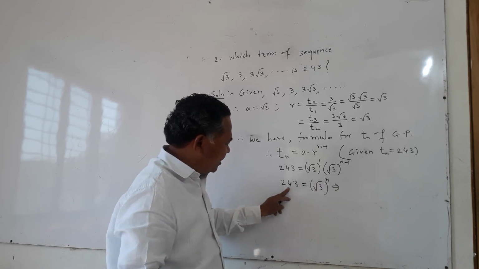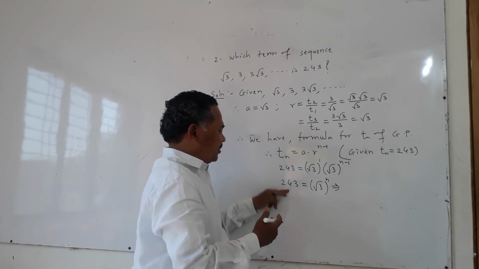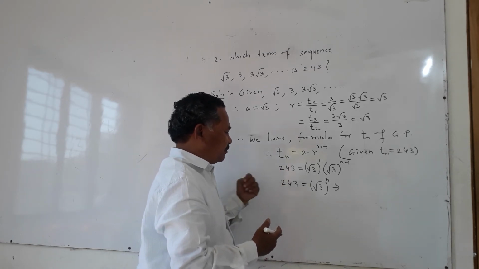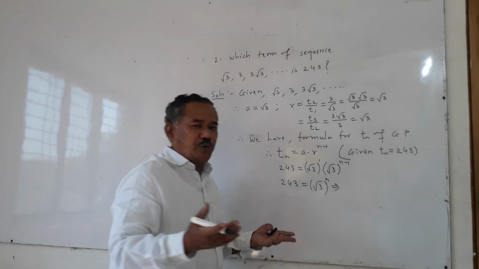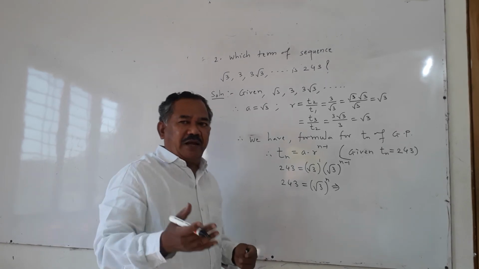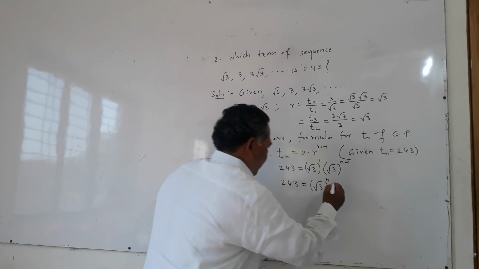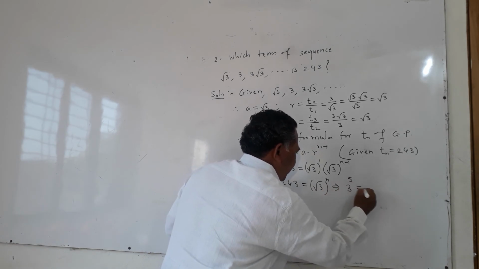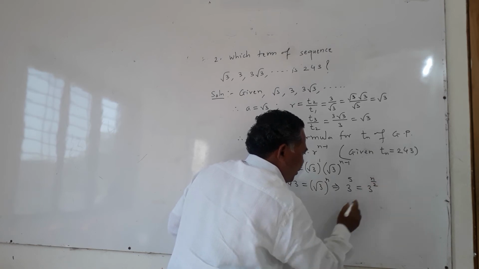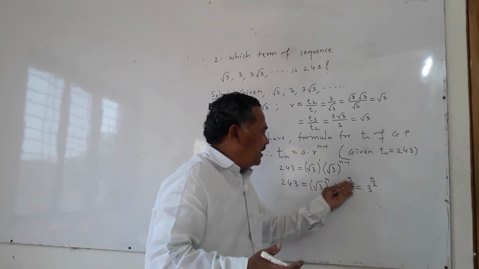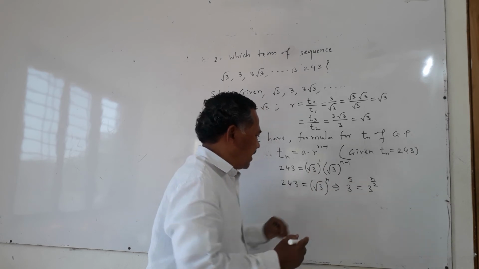This quantity we may also represent in terms of powers of 3. We know this is 3 raised to 5, because 3 raised to 4 is 81, and if we multiply 81 by 3, we get 243. Therefore 3 raised to 5 equals 3 raised to n by 2. And we know if the base is the same, then the index is also the same.